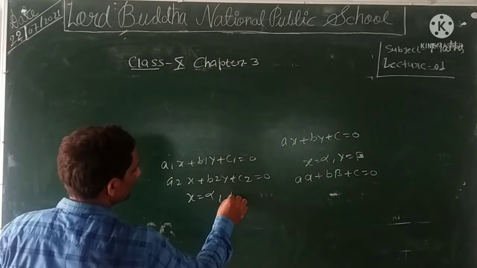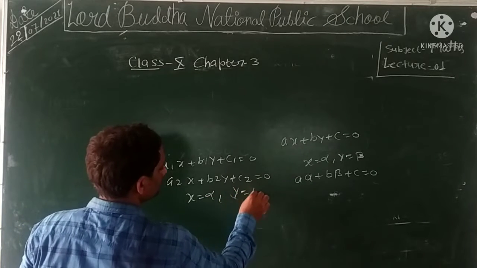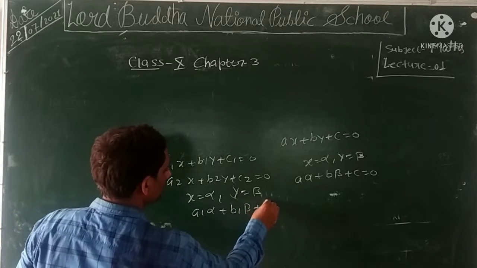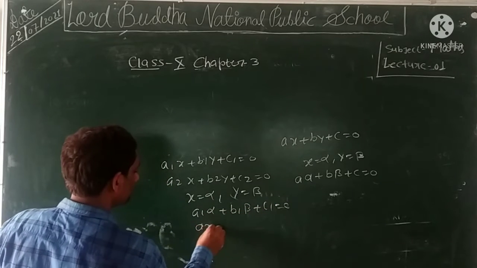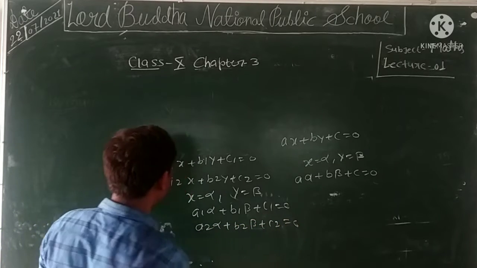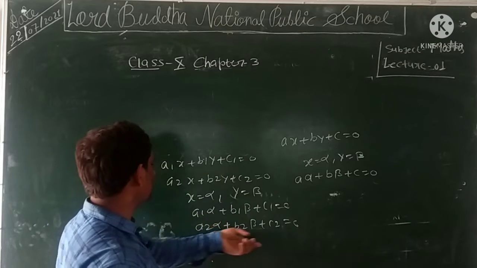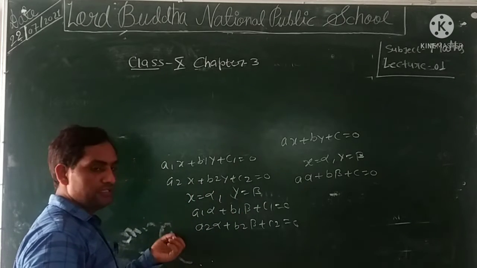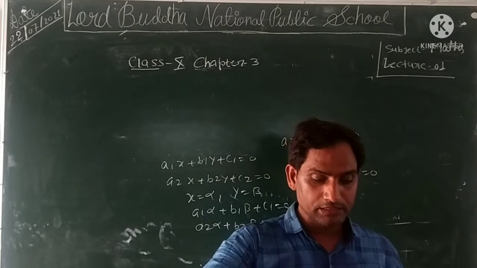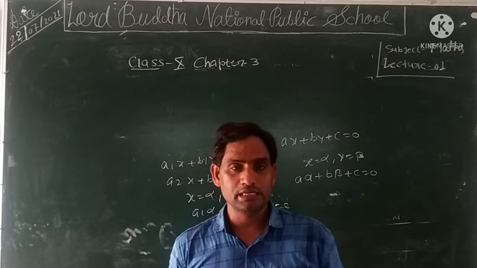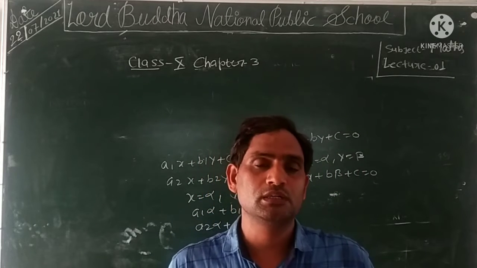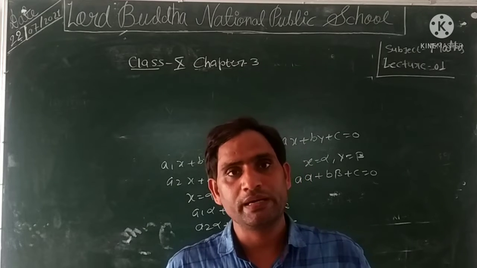If x equal to alpha and y equal to beta give a1 alpha plus b1 beta plus c1 equal to 0 and a2 alpha plus b2 beta plus c2 equal to 0, then alpha and beta are the solution of this pair of linear equations. Now we see some examples and how we find the solution of linear equations by the graphical method.